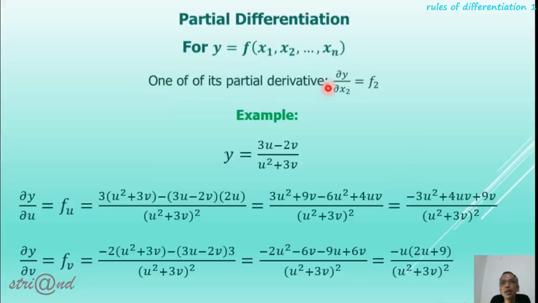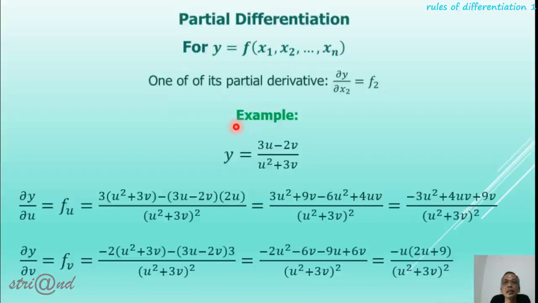To show that it is a partial derivative, the symbol d is written differently here. This partial derivative can also be written this way: f2, which shows that it is the partial derivative of the function with respect to the second variable, x2.